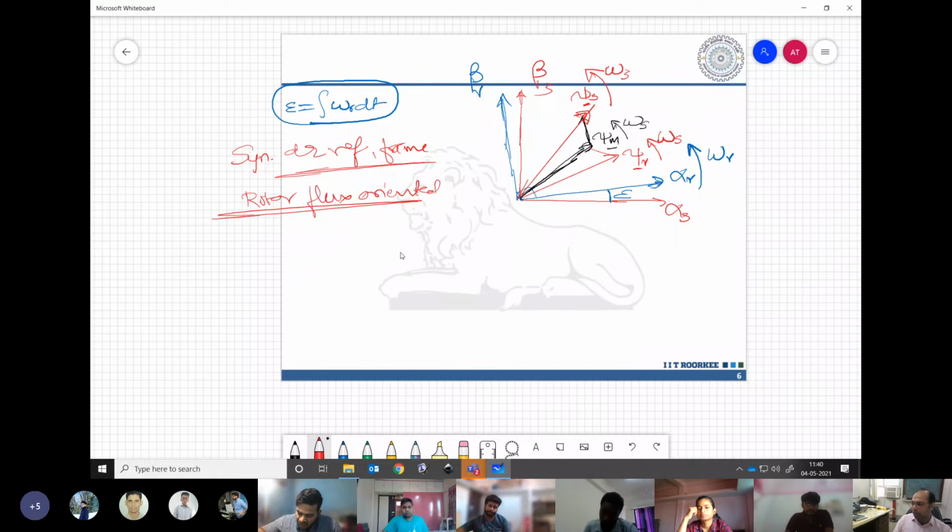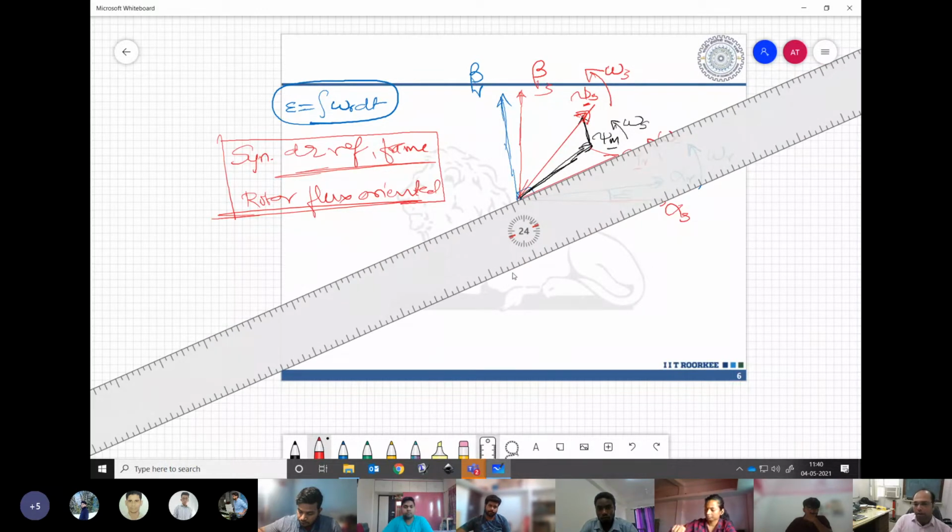Are you understanding my point? So this is what you have to understand very clearly, that our synchronous reference frame is along this rotor flux.